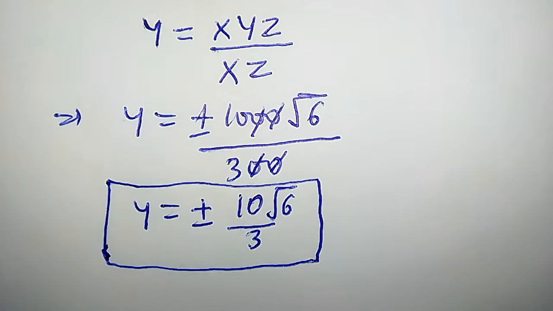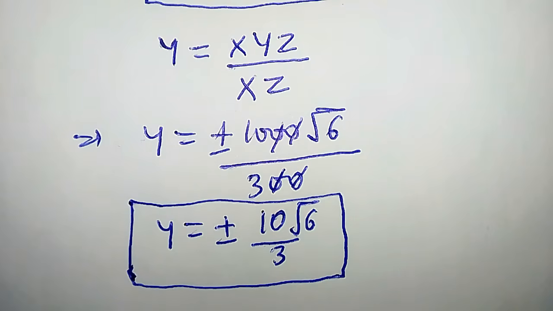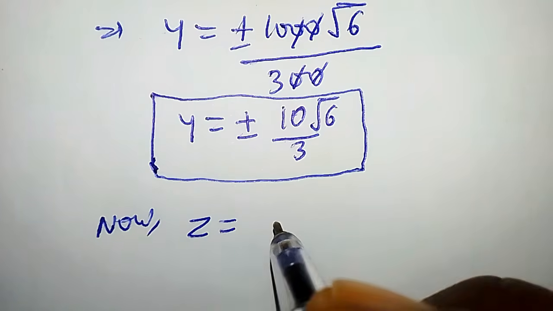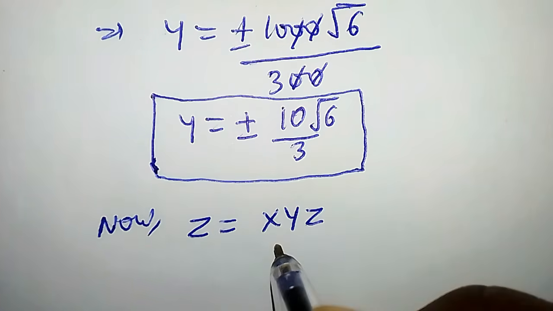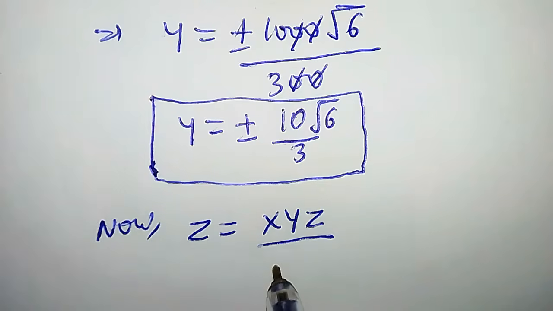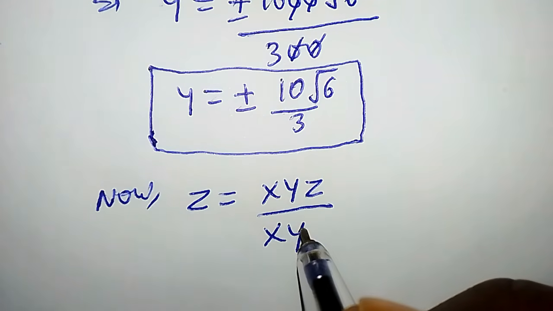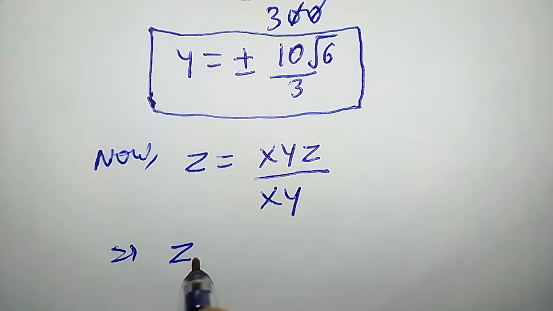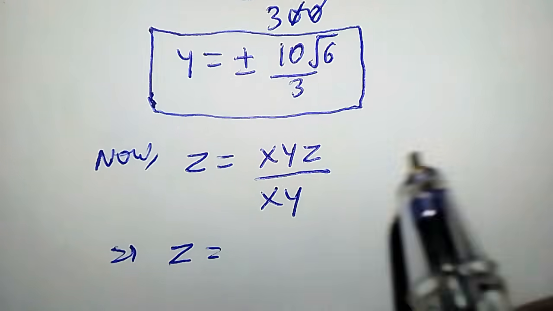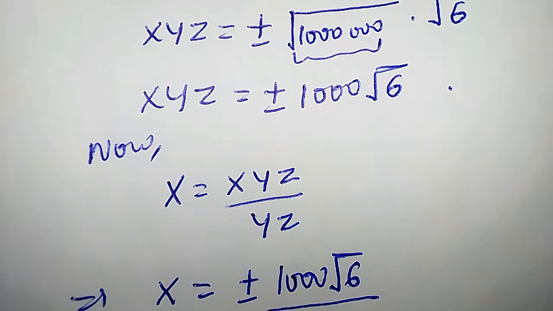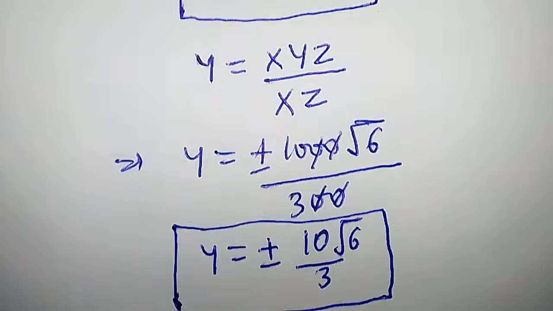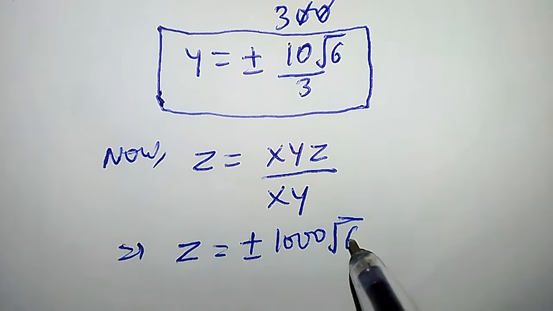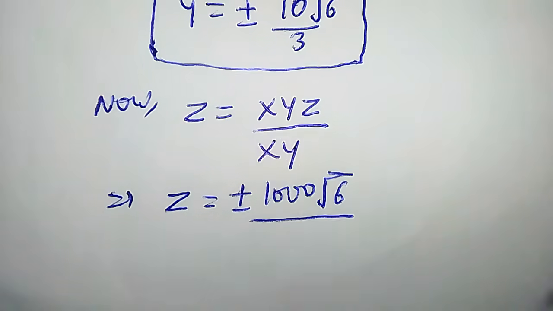Similarly, as we did for y, let's also do the same thing for z. So now, z is equal to what? The product of xyz over xy now, because x will cancel x, y will cancel y. You'll be left with z equals z. This implies that z is equal to the product of xyz, that is plus or minus 1000 root 6 divided by what is xy.